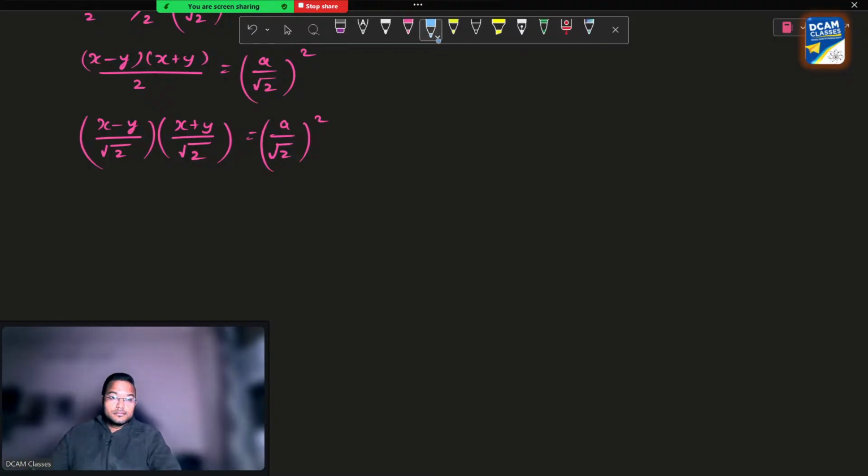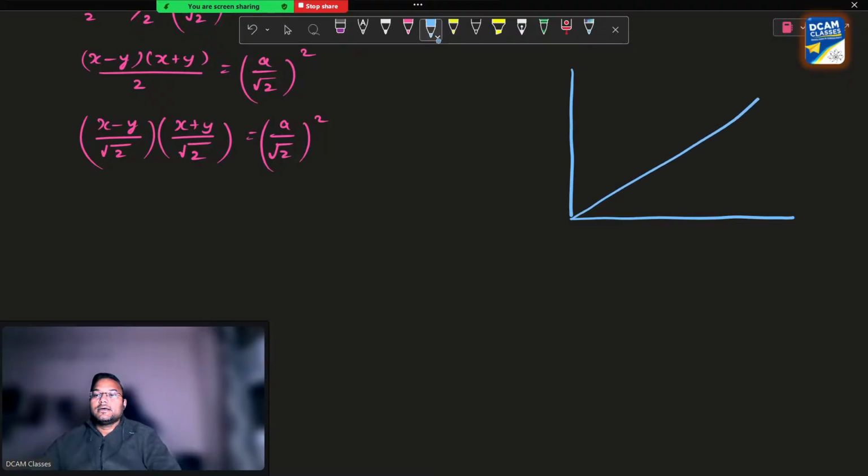Now, why have I written it like this? Do you remember, Haripriya, that when we rotate an axis, suppose you have this y-axis and this x-axis, and I have rotated them through an angle theta.